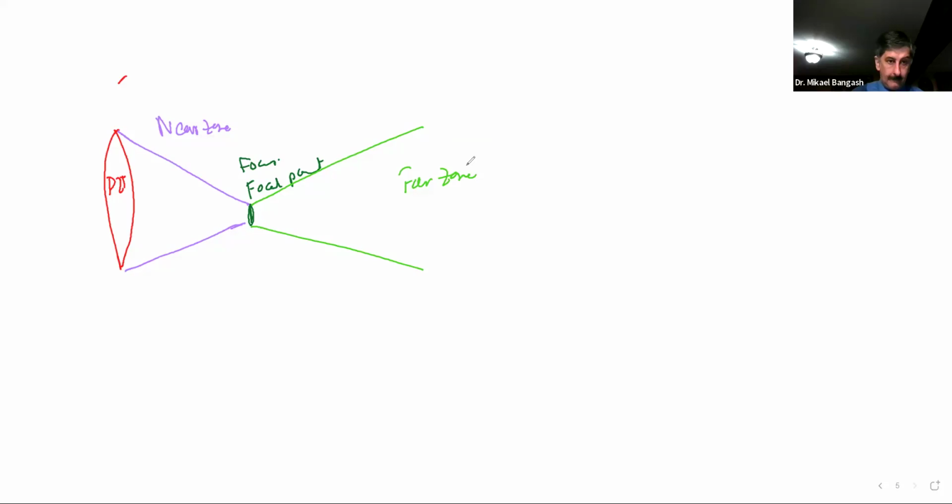Now, this which is your near zone, your near field, or your Fresnel zone. If you measure this distance here, this distance is going to be referred to as the focal depth.